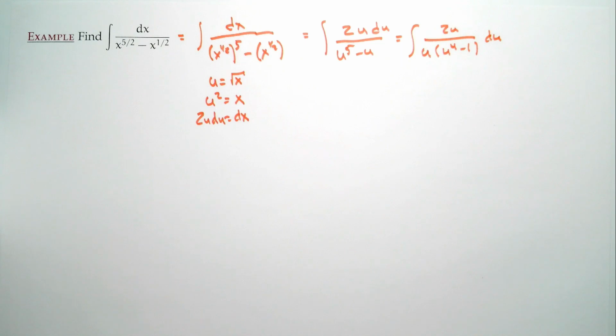If you're doing partial fractions, how far do you have to get to? You have to get down to the point where everything is either a linear term, which means u plus something or u minus something, or a quadratic that doesn't factor, like u squared plus something, u plus something. That means that's not fully factored. Okay, how can you factor u to the fourth minus 1?